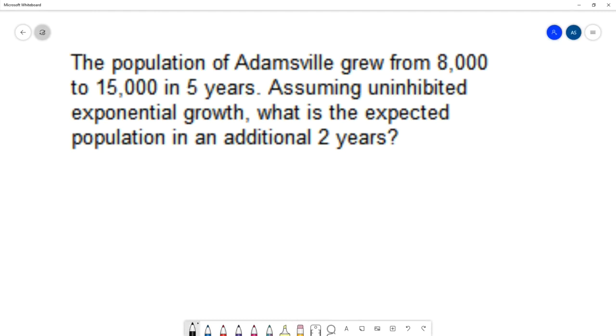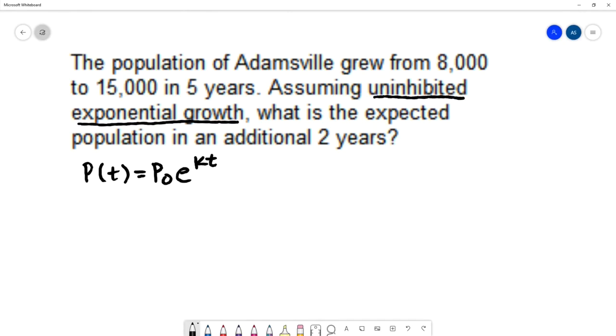That means that we're going to use our population growth formula, which is P of t equals P naught e to the kt. So this is our formula for population, and it is uninhibited exponential growth. It's an exponential model. So that's why we're using this formula.